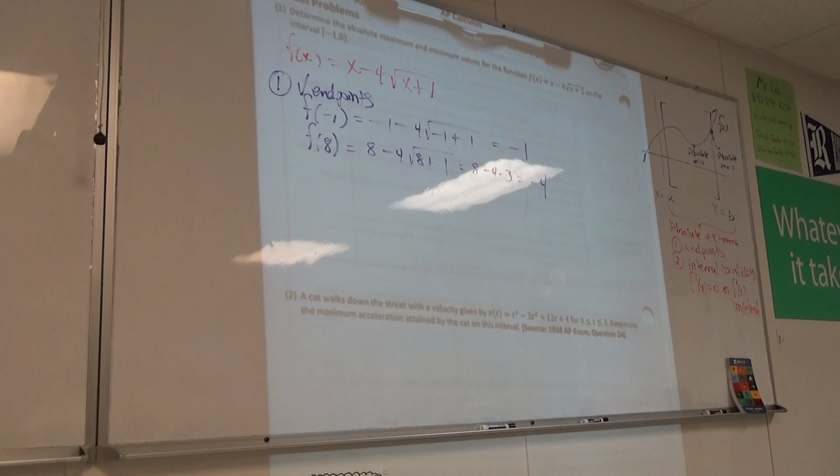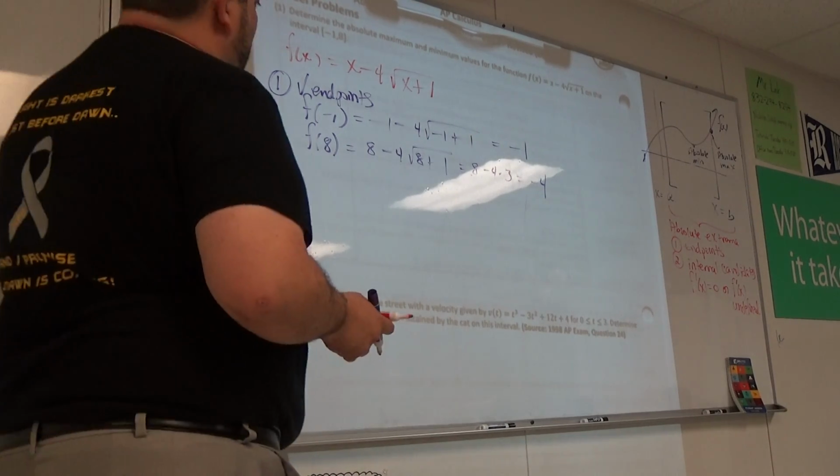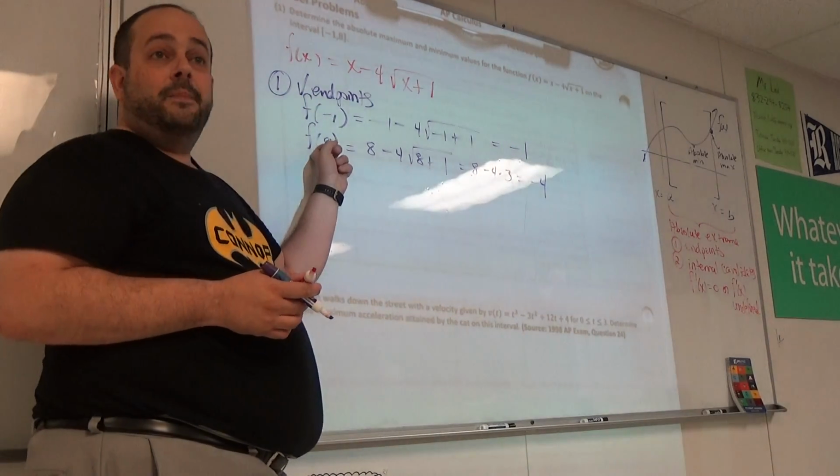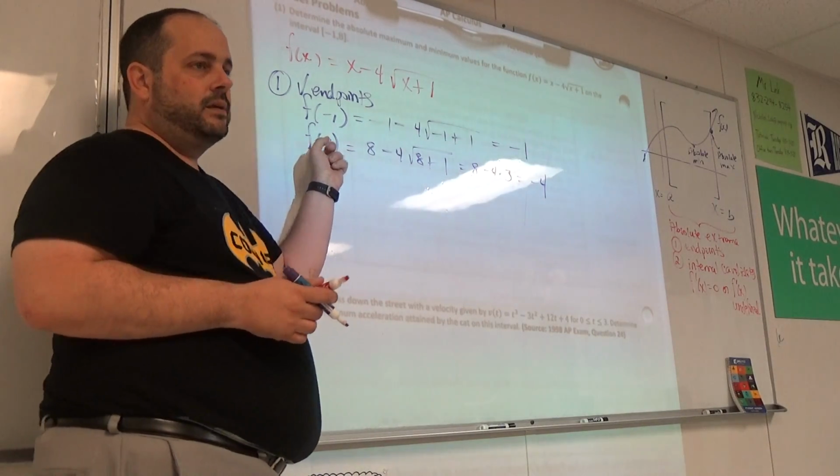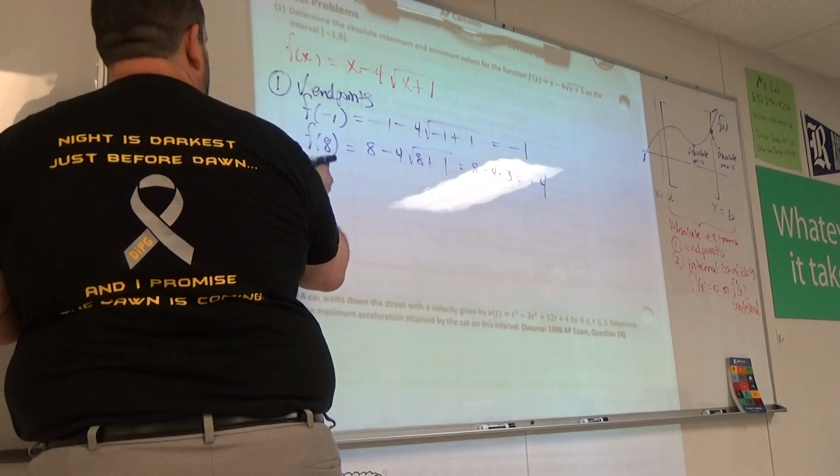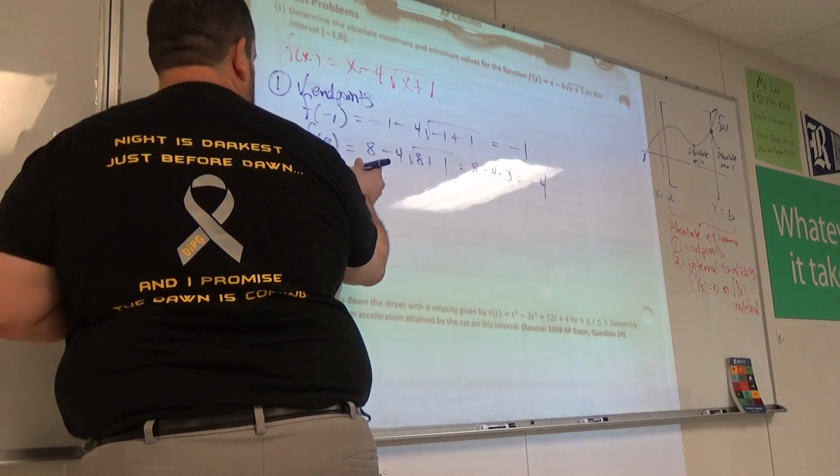Now, it's possible that one of these is the absolute max and one of them is the absolute min. Possible, but it doesn't mean has to be. So the thing that we go for next are your internal candidates.